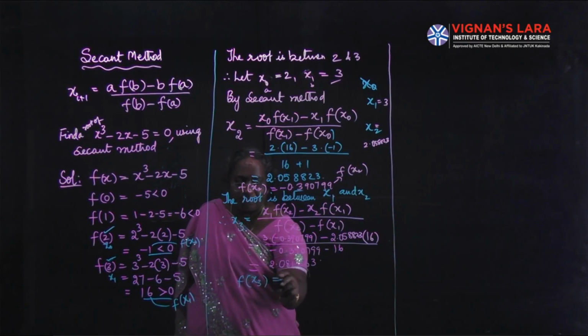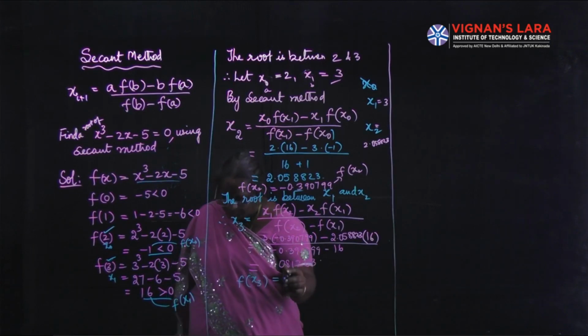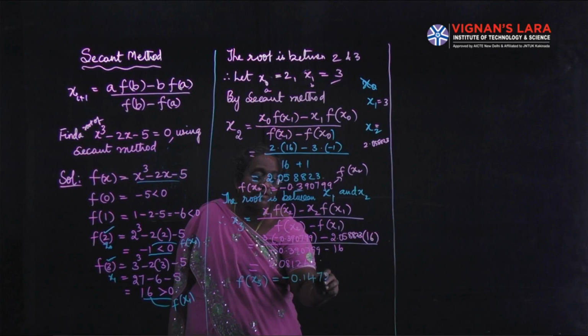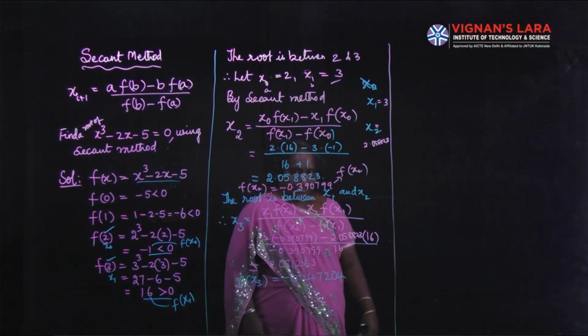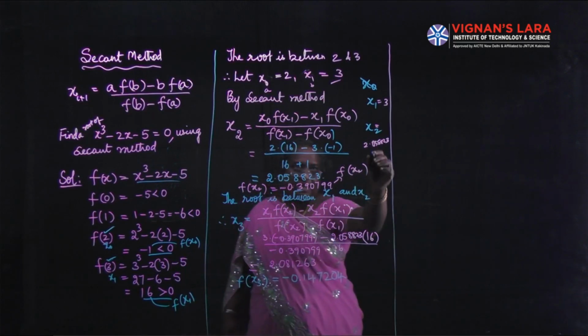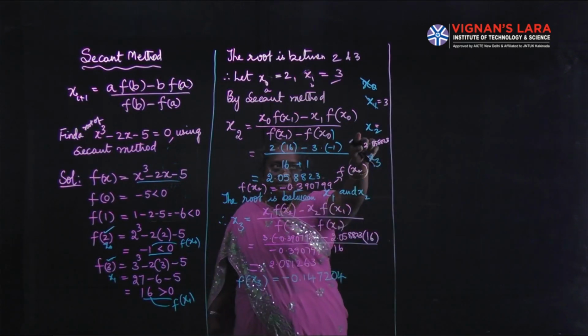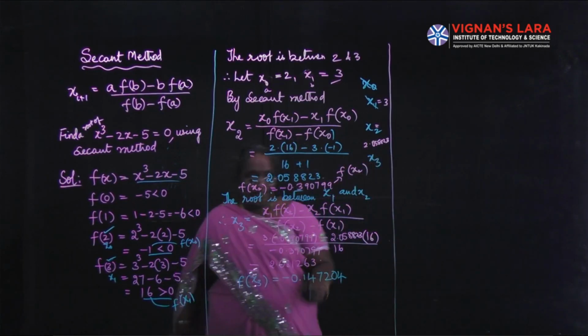So immediately we will calculate f of x3. Substituting this value in the function here, we get it as minus 0.147204. We don't bother about the sign here. Now we got another value x3, so we will rule out x1. Next approximation we will take the root between x2 and x3. That is the secant method.